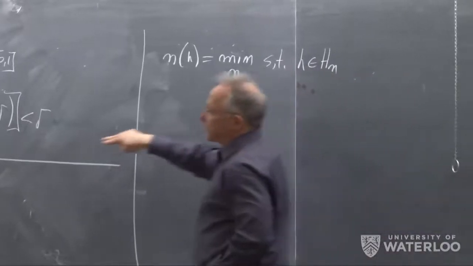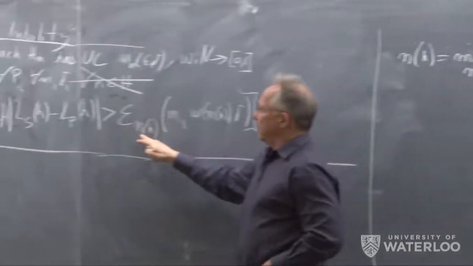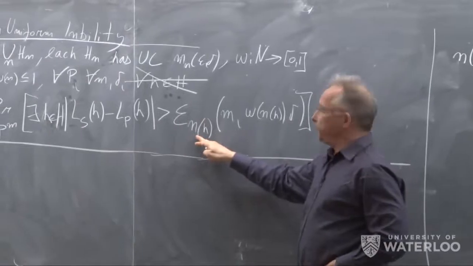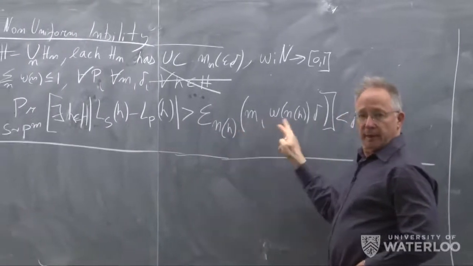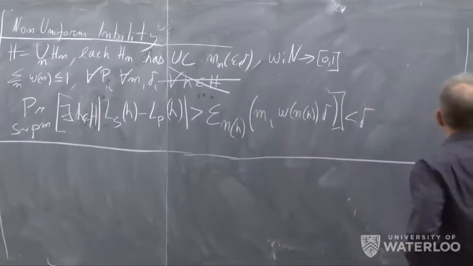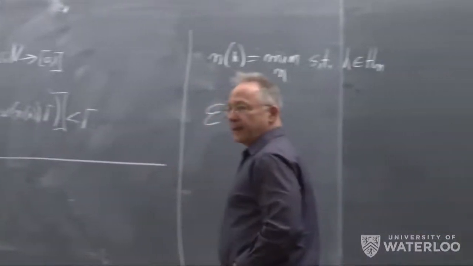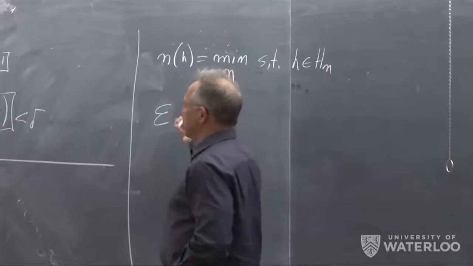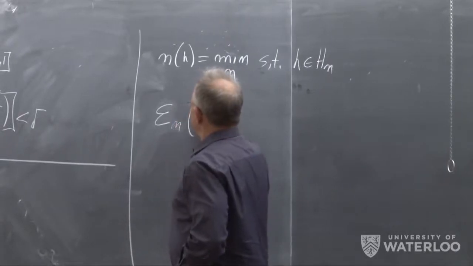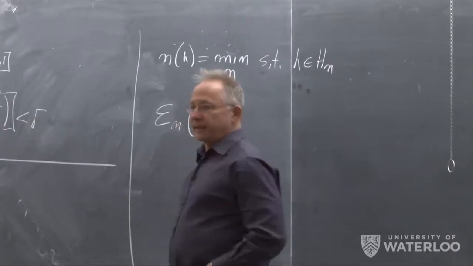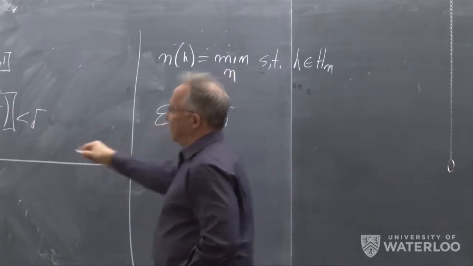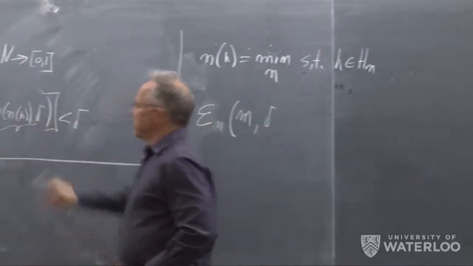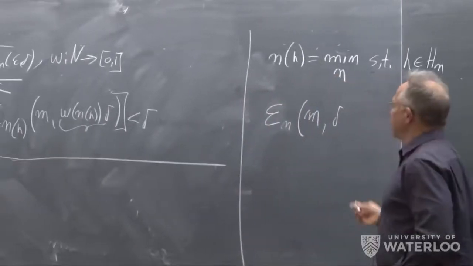And here we needed to describe what this epsilon is. I have some number, and here I have two parameters, so I have to explain this also. What is epsilon_n of some sample size m and some delta? The delta is going to be this number, but what is this?